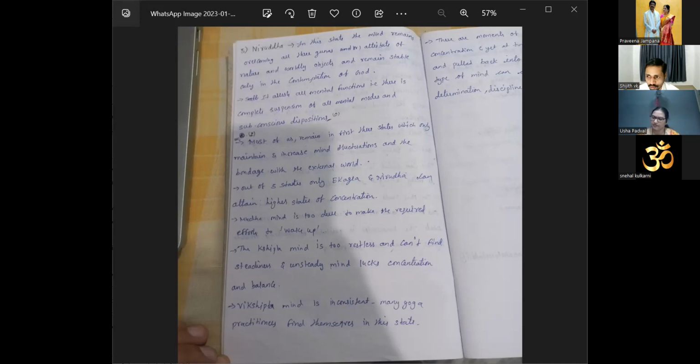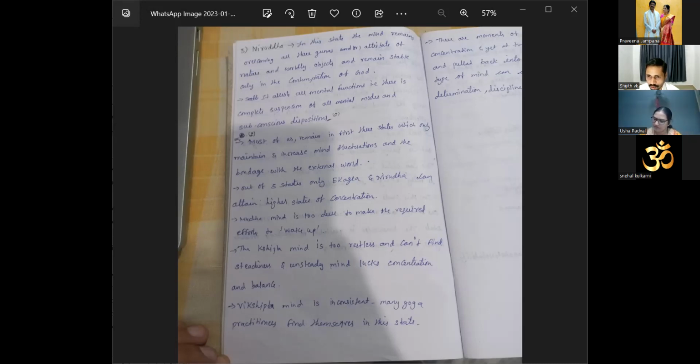In the fourth one, the Ekagra state, Sattva Guna is more dominant, and Rajo and Tamo Gunas are almost eliminated. Now, Niruddha: in this state the mind overcomes all three gunas. Not even Sattva Guna is there. This is the Gunatita state, meaning above the gunas.